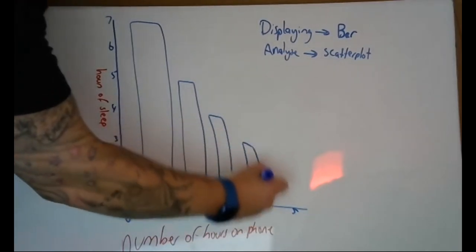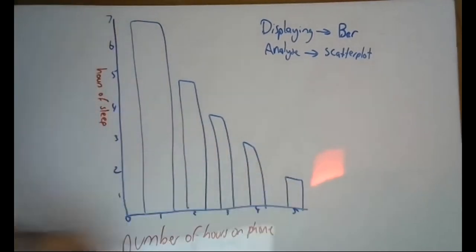So for every, so what does that tell us? I mean, it looks pretty on the graph. But we can't analyze the data.